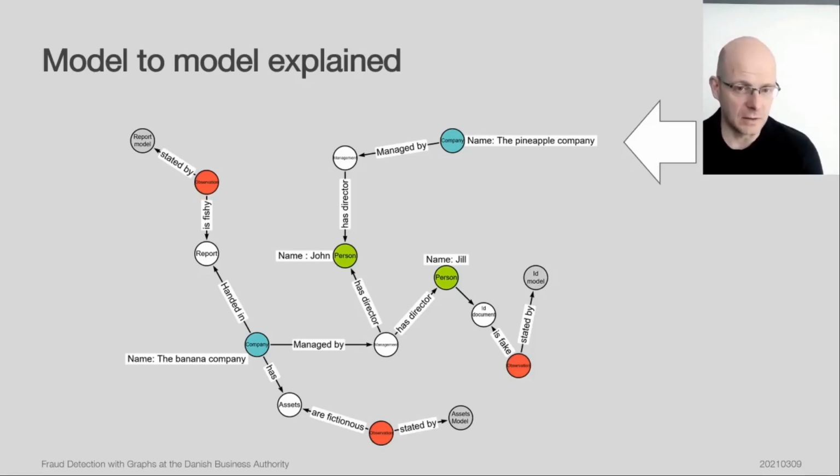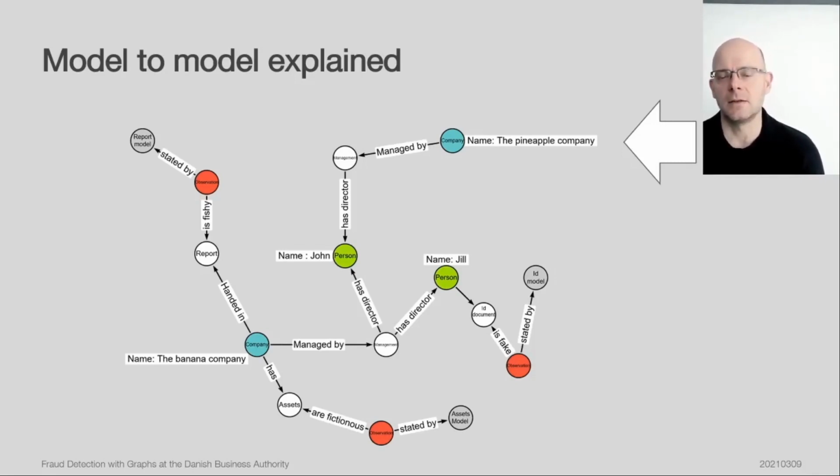But we already know from John that he's also part of management of the banana company. And this is where we have the gray and the red dots, because the gray dots represent models that have input some data back into the graph by going through the identification papers, for instance.